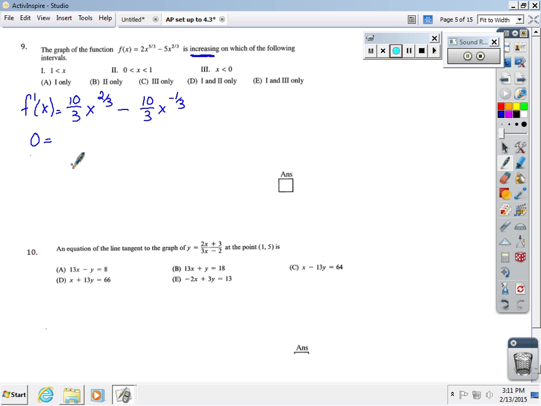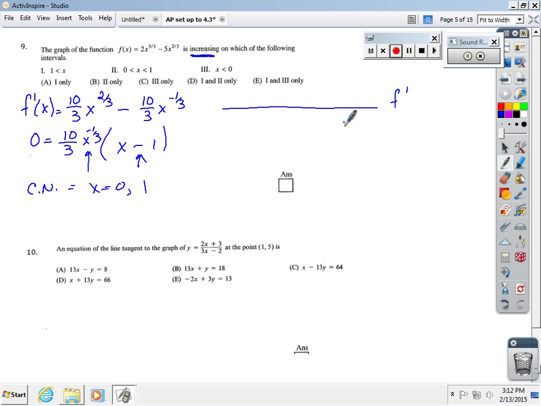I want to set it equal to 0 and find my critical numbers. I'm also going to factor at the same time, factoring out a 10/3 and an x to the negative 1/3. So doing my division, that gives me just x to the first minus 1. So now my critical numbers that I'm going to put on my number line are x equals 0 for that value and 1 for that value.